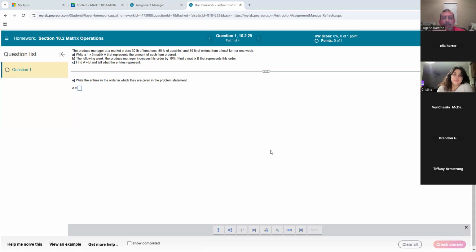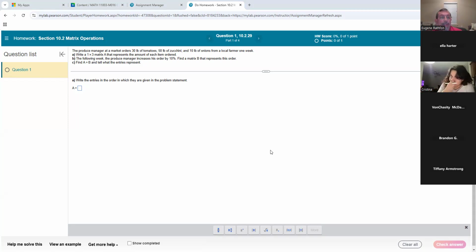All righty, y'all. So this problem in 10.2, a produce manager at a market orders 30 pounds of tomatoes, 50 pounds of zucchini, and 10 pounds of onions from a local farmer.